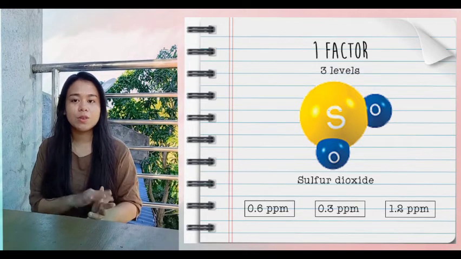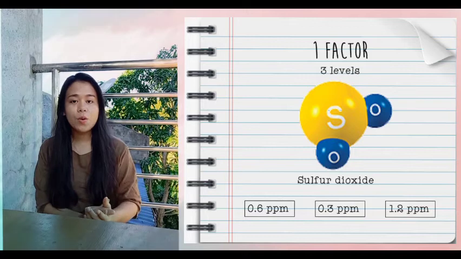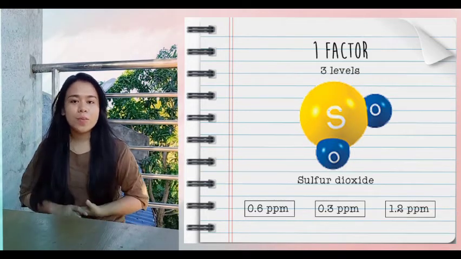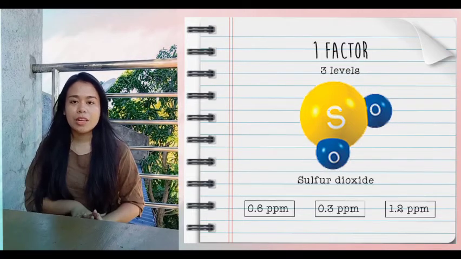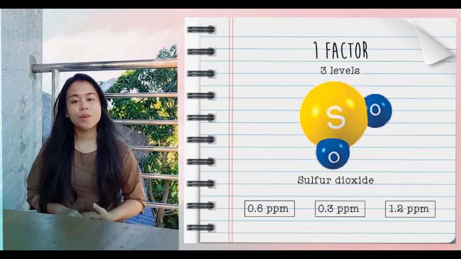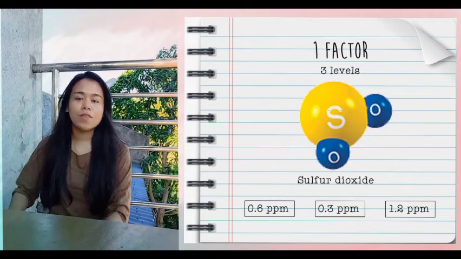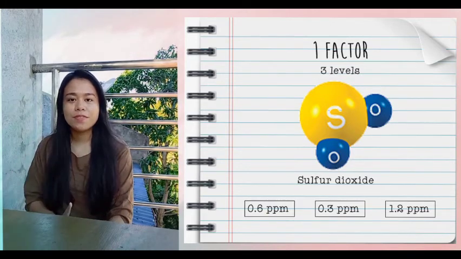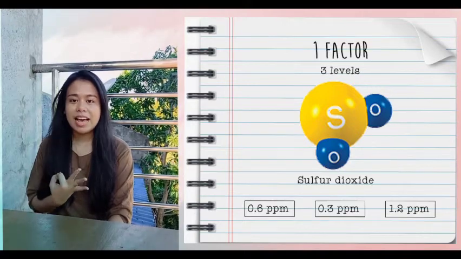Siyang single factor, usa lang ka treatment which is the sulfur dioxide, pero kana siya may tulo ka levels which are 0.6 parts per million, 0.3 parts per million, and 1.2 parts per million. So, this is an example of a one-way treatment structure. Usa lang ka factor, single factor, pero may 3 ka levels.